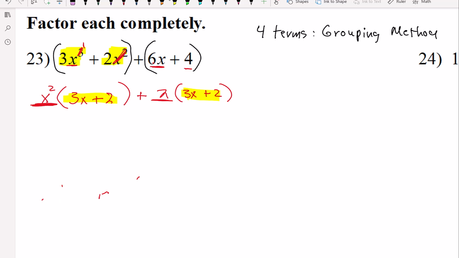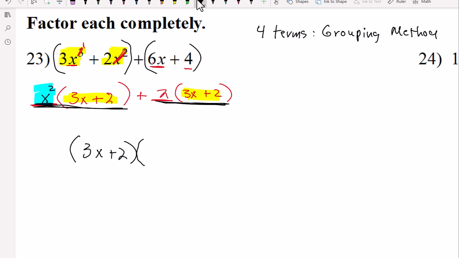If you don't have the same values, you've made an error. So we're going to factor out the thing they have in common again, because this is one whole thing, and this is one whole thing. What they have in common is 3x plus 2, and everything on the outside, this x squared plus 2, is what goes in the second set.